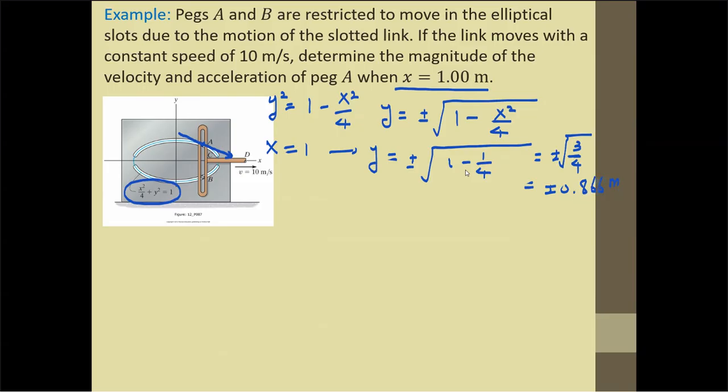So peg A has x coordinate 1. Look at that, y coordinate is positive 0.866. Peg B has x coordinate 1, y coordinate negative 0.866 meters. Now we need to find the velocity at this point.